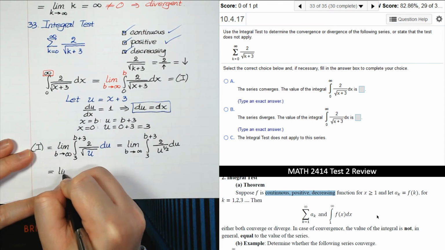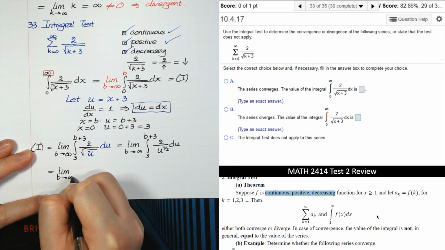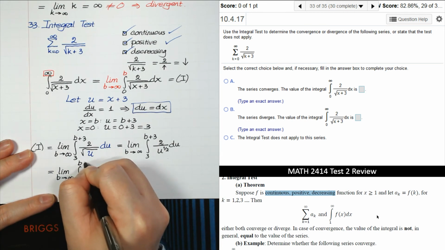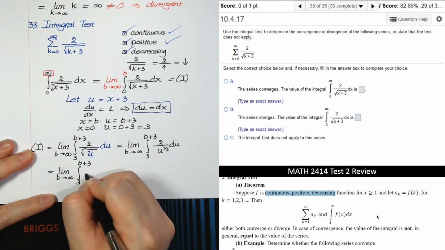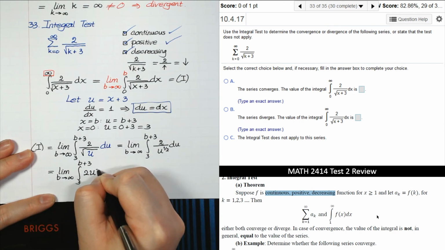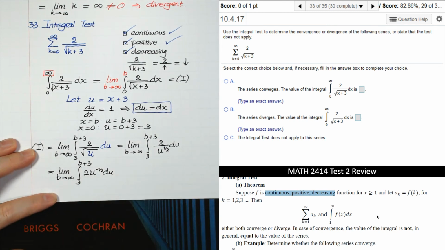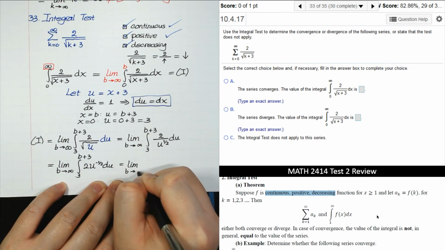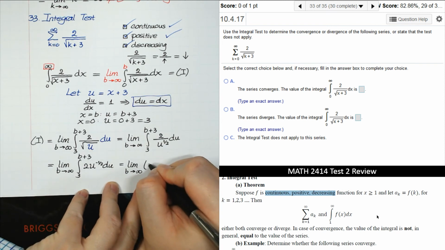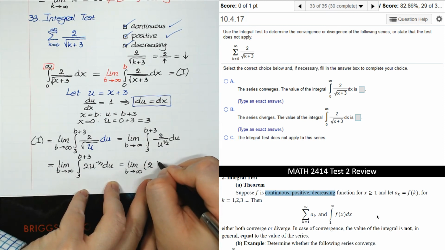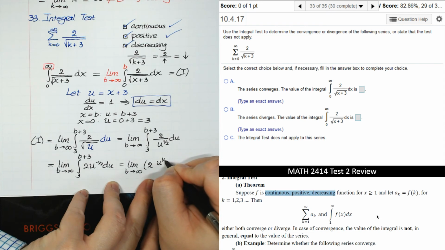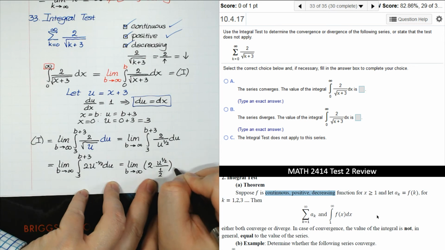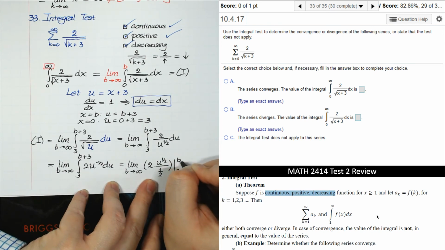But let's finish it. u to the 1/2, and then we integrate. u to the negative 1/2, increase the power by 1, divide by the same thing, from 3 to b plus 3.